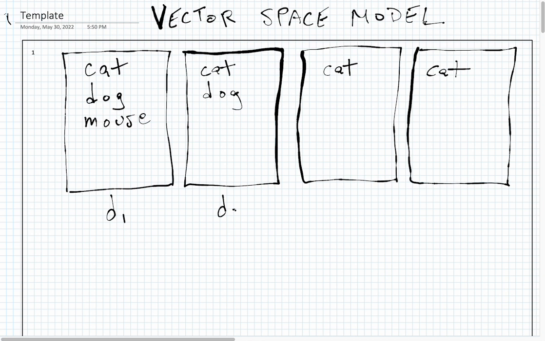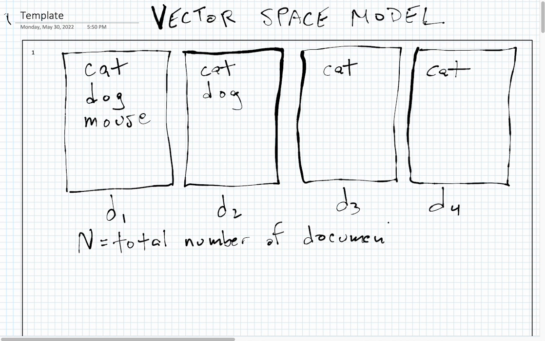This is document D sub 2, D sub 3, D sub 4. N, capital N, is equal to the total number of documents. Which in this situation is equal to 4.